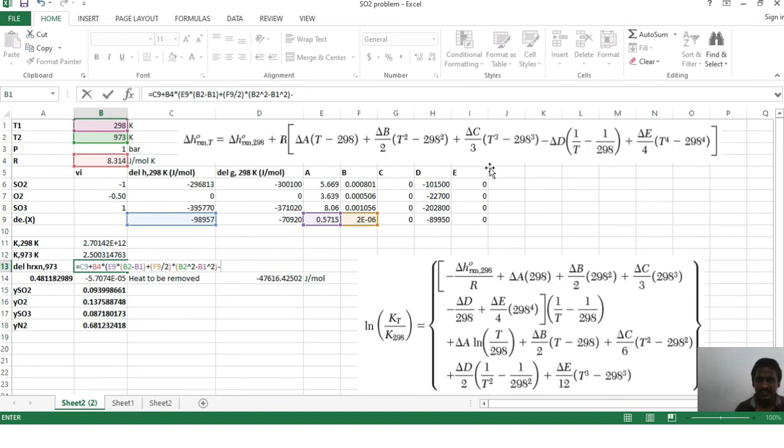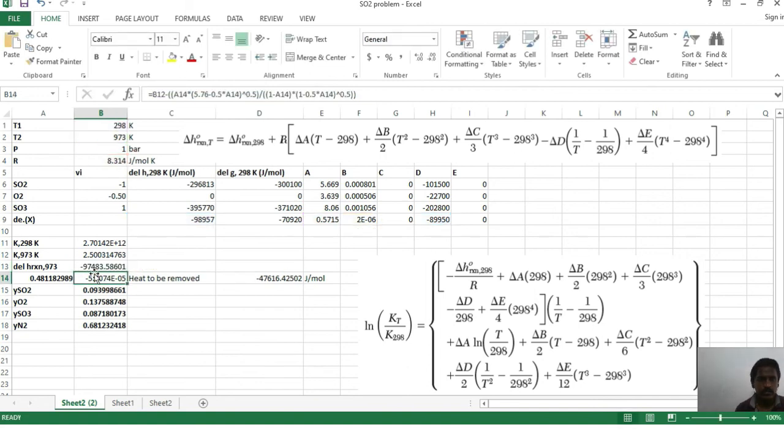Therefore, minus del D multiplied by 1 divided by 973 minus 1 divided by 298, close the bracket, again close the bracket. So we are getting 97,483.58601.